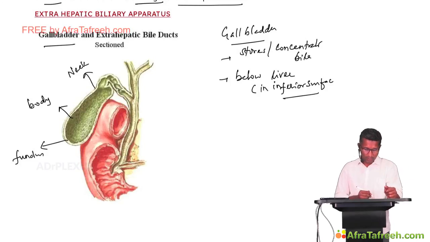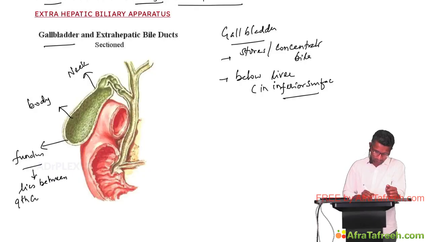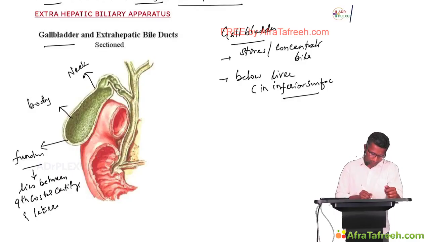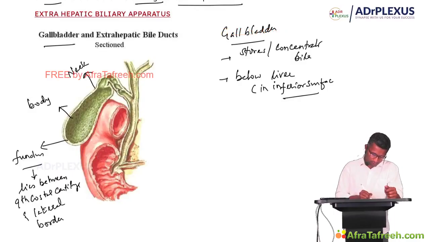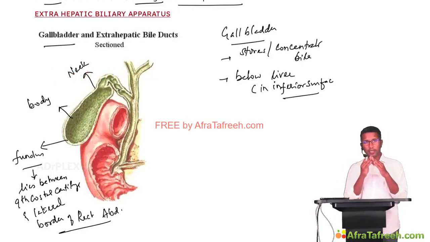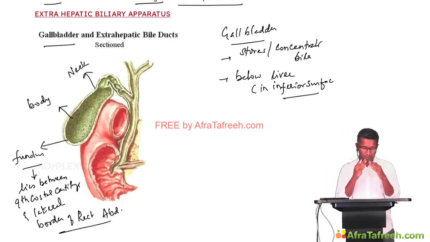If you see the fundus of the gallbladder, it lies in the angle between the ninth costal cartilage and the lateral border of the rectus abdominis muscle.